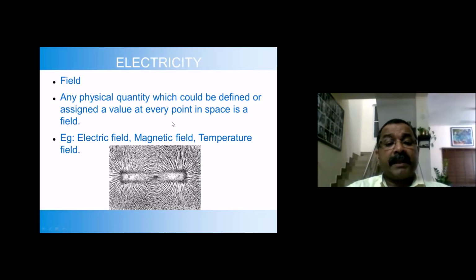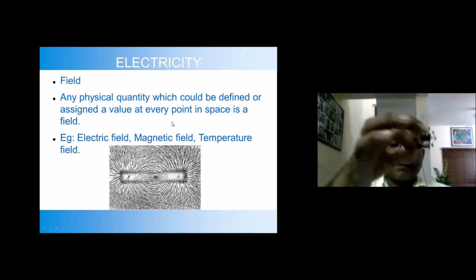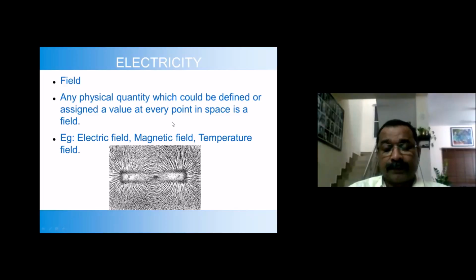In order to understand electrical field, Uncle will give you an example. Again, let us assume that the room is our universe, and nothing is there inside that room. Let us say one charged particle enters the room, very fast.